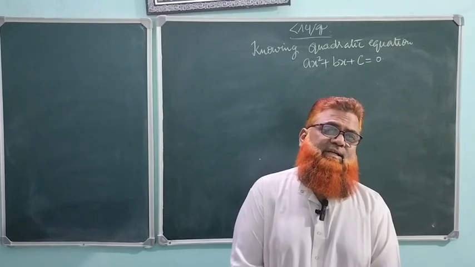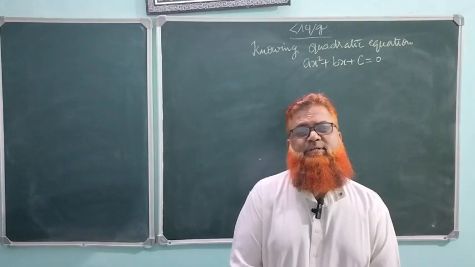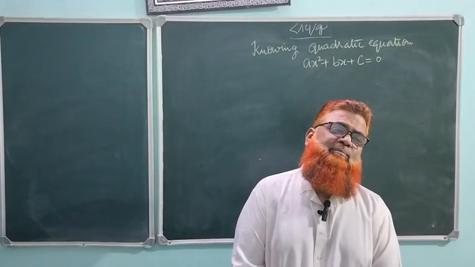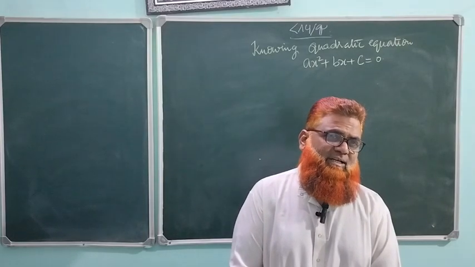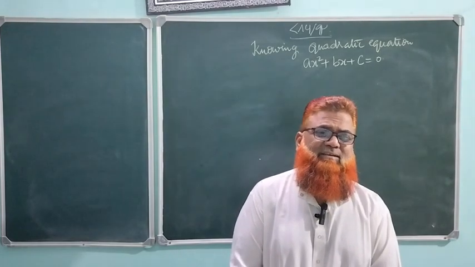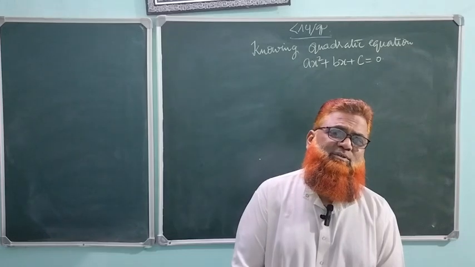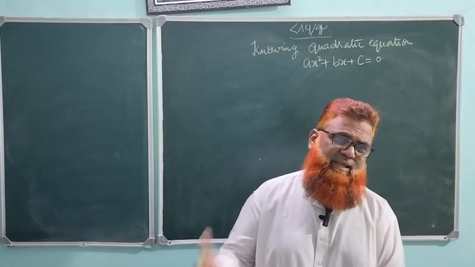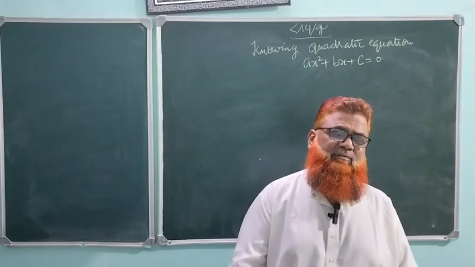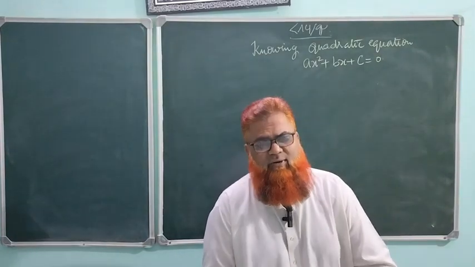The first method is factorization, to find the roots of the equation. We take the product of the coefficient and the constant and find factors such that by adding or subtracting we get the coefficient of x. Then we can factorize it, take the common factor, equate it to 0 and find the roots of the equation.